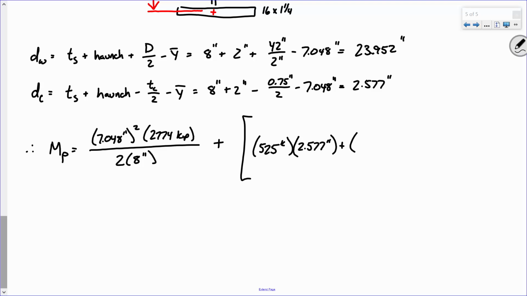We got PW, 918.75, times 23.952, plus 1,000, and then 45.577.